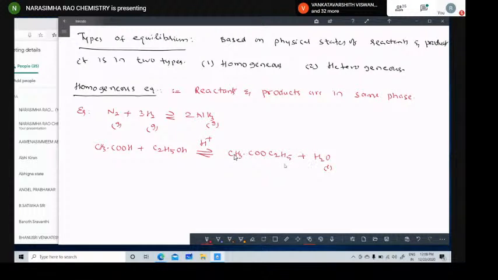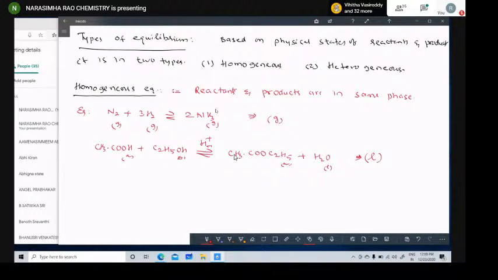H2O is liquid, means aqueous condition. All reactants and products are in the liquid state. Here, reactants and products are in the gaseous state. So, these are better examples for homogeneous equilibrium.